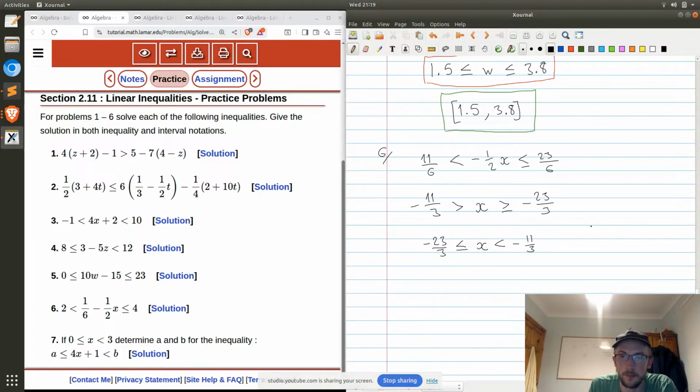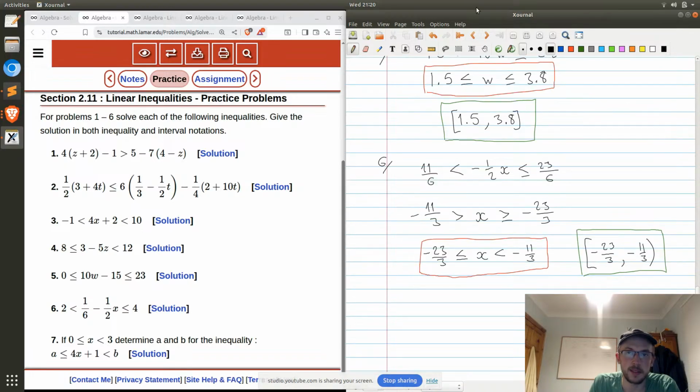And that is inequality form. And now for interval notation. Negative 23 over 3 here, comma, negative 11 over 3 here. And round brackets on the right and square brackets on the left, because we include him and exclude him. I don't know why I'm saying him, but whatever.